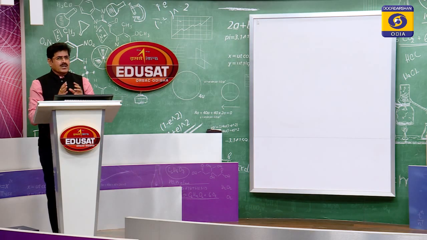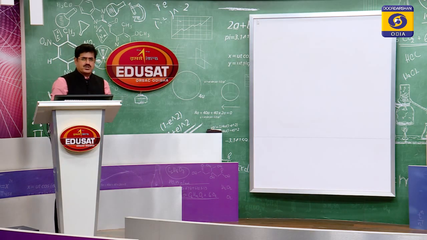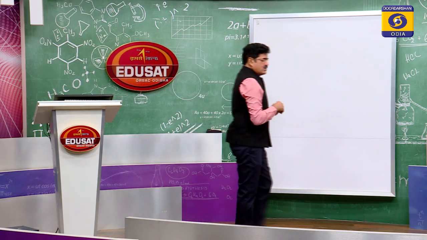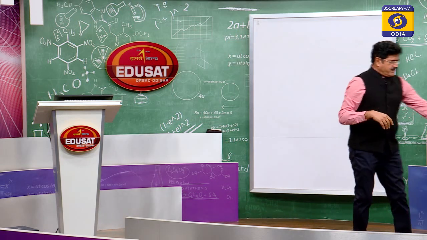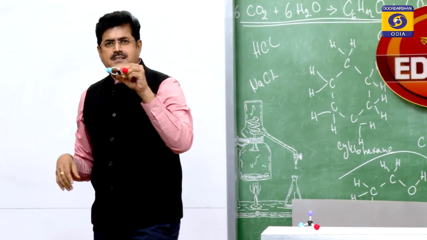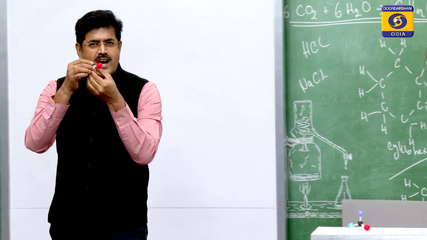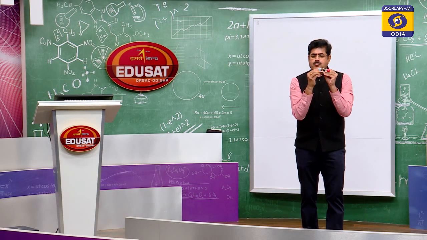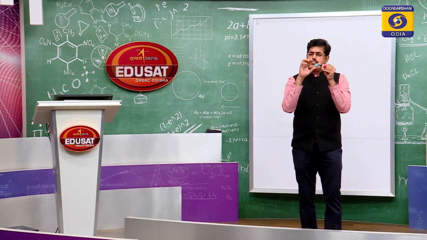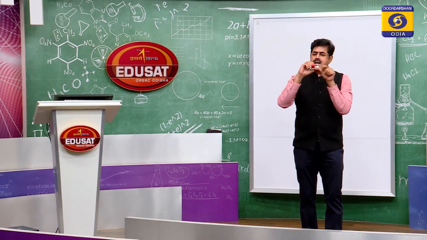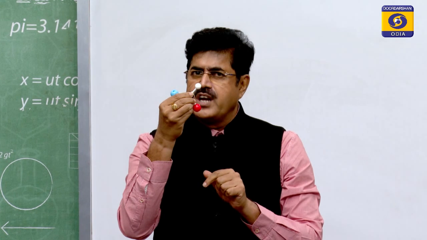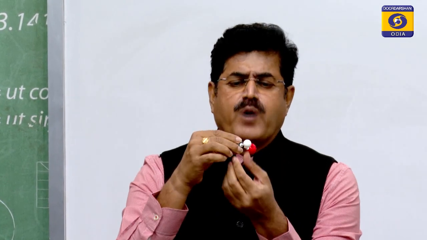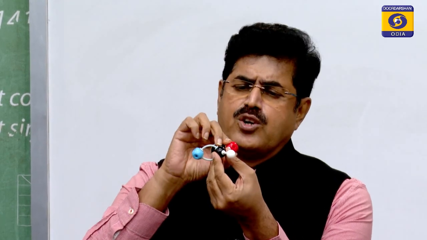Let me show you some structures through this model. This is the aldehyde. Let the red ball be the methyl group. The blue ball is oxygen. This is the carbon oxygen double bond, carbon is black, and this is hydrogen. This is one of the aldehydes, with an alkyl group here.